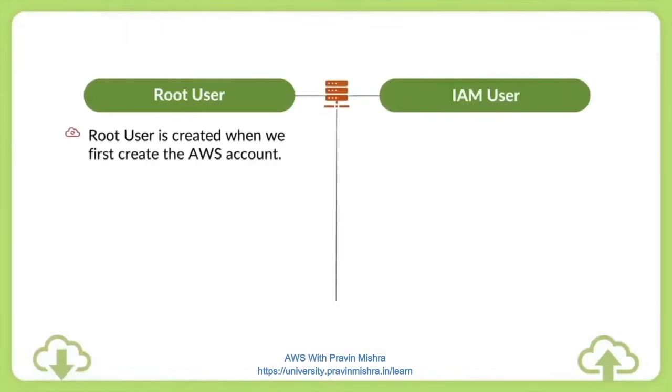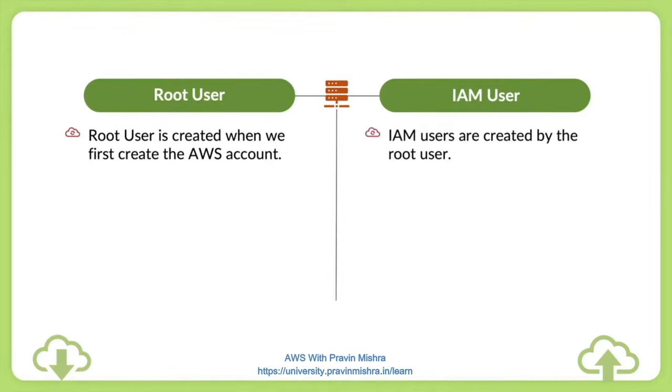The root user is the user that was created when you first set up your account. This root user has full access to your entire AWS account. This includes all resources and services, and it has the highest level of permission in your AWS account. On the other hand, you can also create an IAM user.